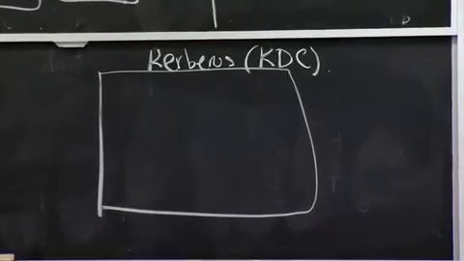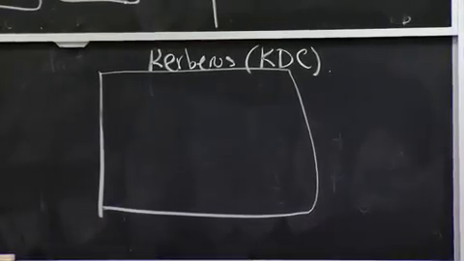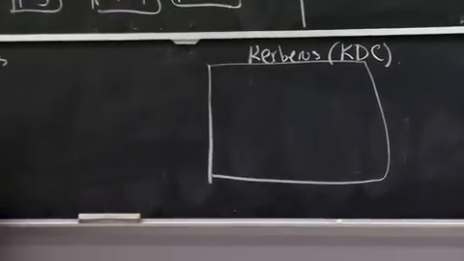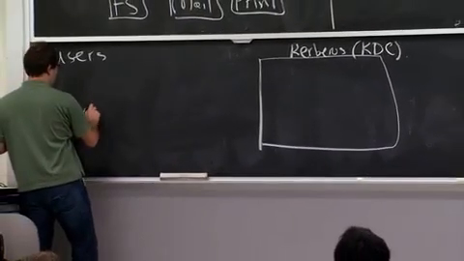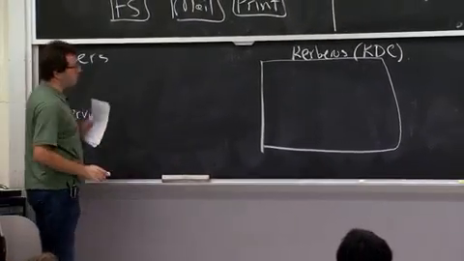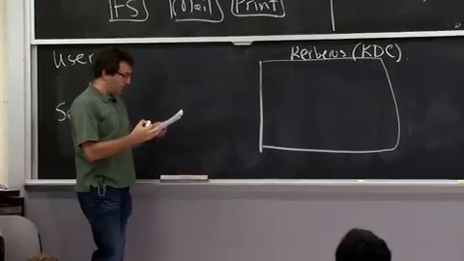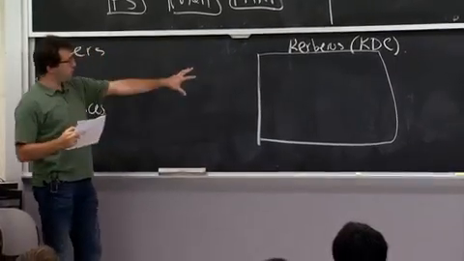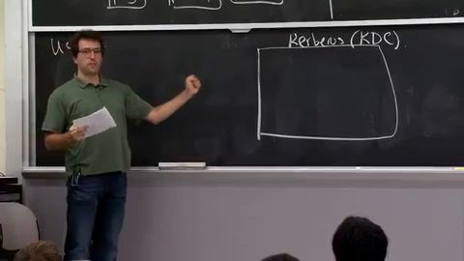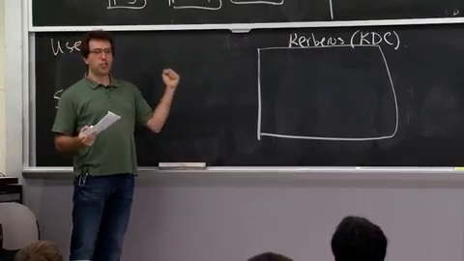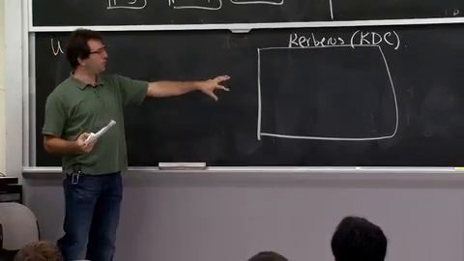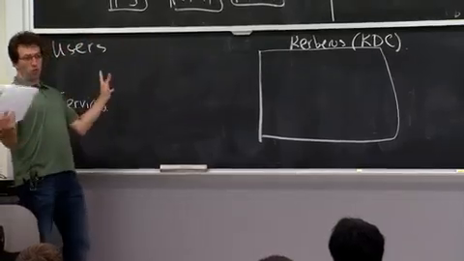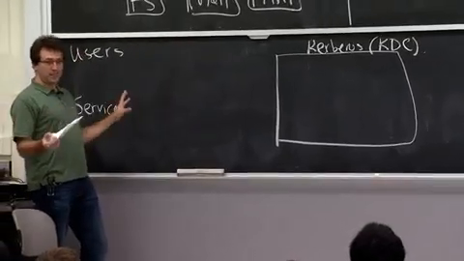And there's all these users out here somewhere, and also services that you might want to connect to. And the plan is that the Kerberos server is going to be responsible for storing a shared key between the Kerberos server and every entity in the world, so to say, or in this realm at least.